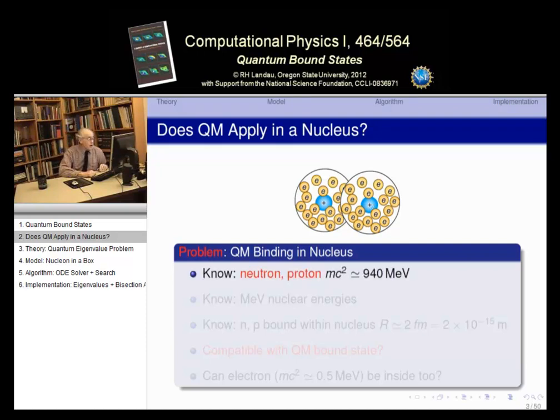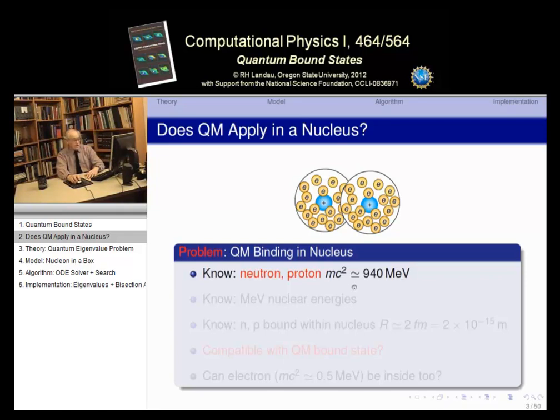So that's your problem. What do we know? We know that inside of a nucleus, there's two kinds of particles, most of the time, mainly just two, neutrons and protons. They both have a mass times the speed of light squared, mc², of 940 MeV, million electron volts. Not milli, but million, 10 to the 6th electron volts.